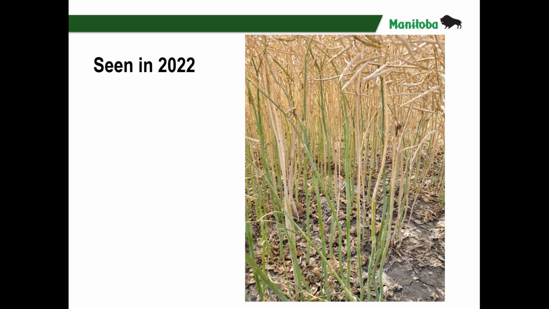Okay, and is there any other host crops or weeds that it affects? The species that we're talking about for Verticillium stripe is called Verticillium longisporum, and as far as we know, it only infects canola and some of the mustard family weeds that you might see in the field.